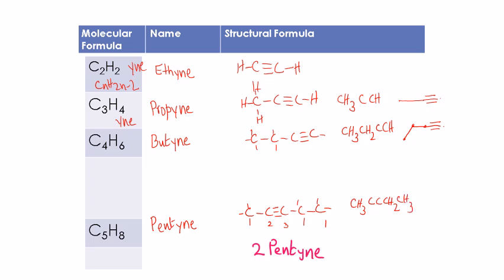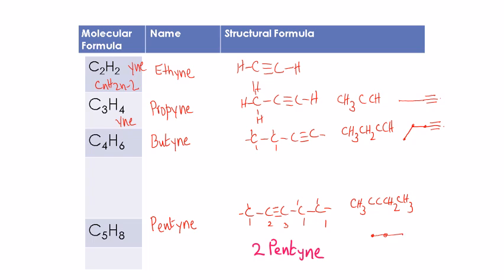How can I draw the skeletal formula? The first carbon is here, and that is bonded to a triple bonded carbon, the second carbon. And I have the third carbon and the fourth carbon.